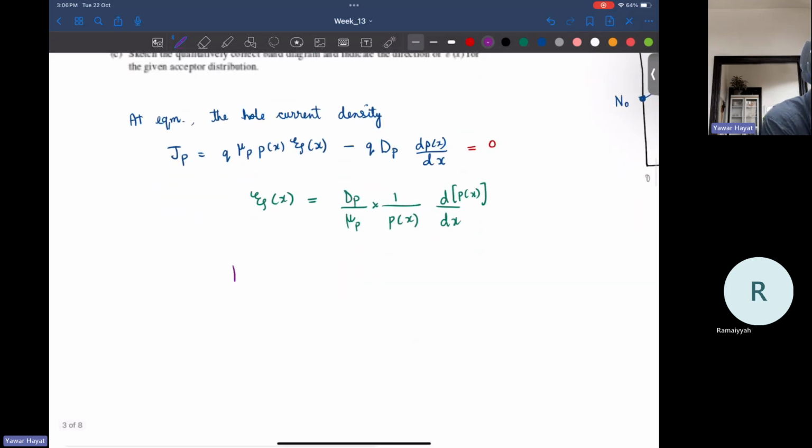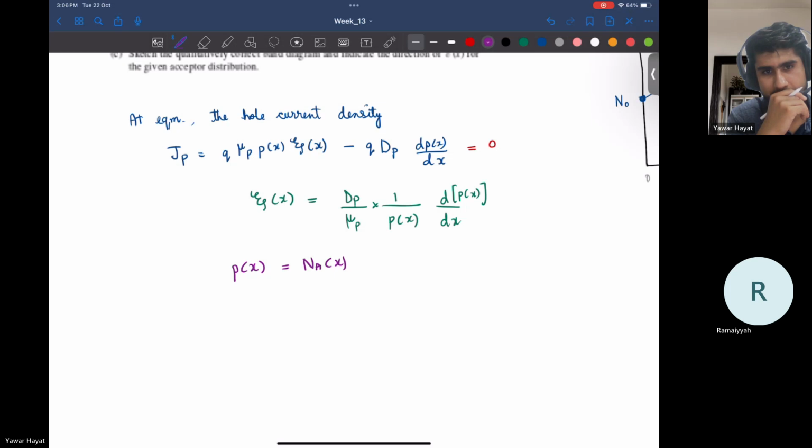I'm saying now I'll write p of x is N_A of x, right? If I do so, what is the assumption that I have used in making this statement? Almost all of the acceptor dopants have ionized.